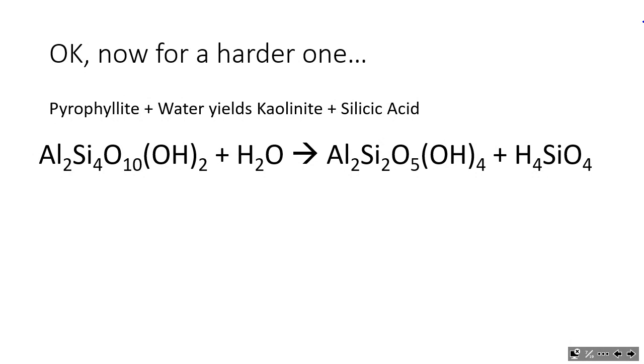What elements are involved in peroxide? Aluminum, silicon, oxygen, and hydrogen. All the same things on the other side too, right? Kaolinite: aluminum, silicon, oxygen, hydrogen. Silicic acid doesn't have the aluminum in it, it's just got the hydrogen, the silicon, and the oxygen.